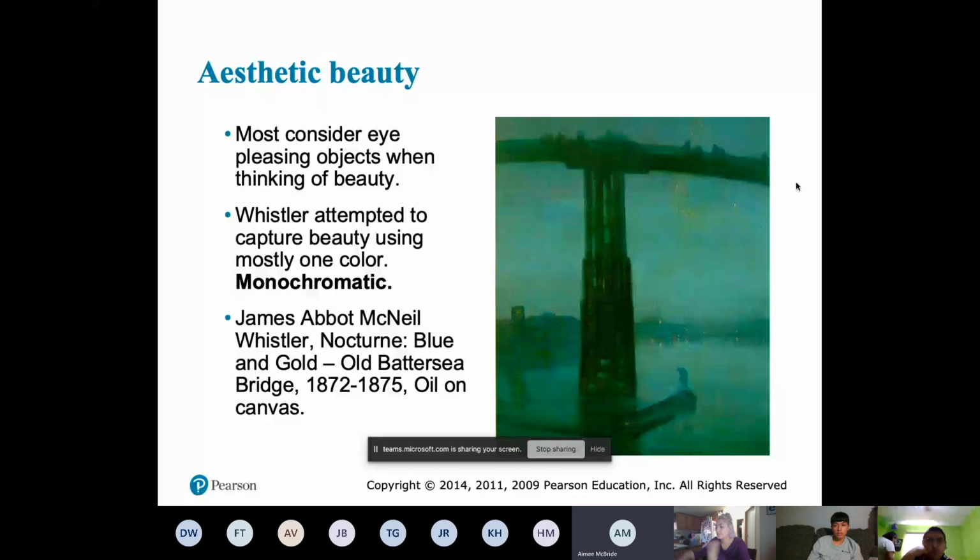That is the firework. So this is extremely monochromatic. Monochromatic just means that the painting was done in one color in various tones and values. So in this particular painting, you see a lot of blues and greens just done in different shades and values and hues. So one tone, basically.